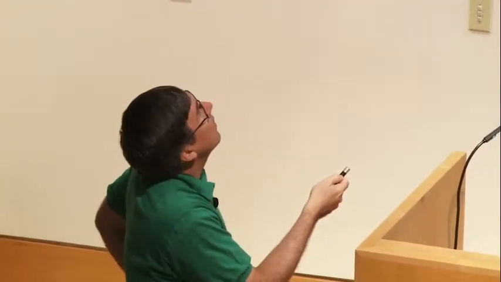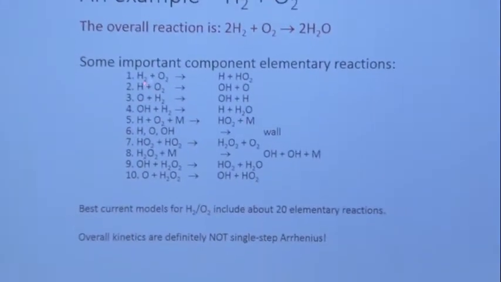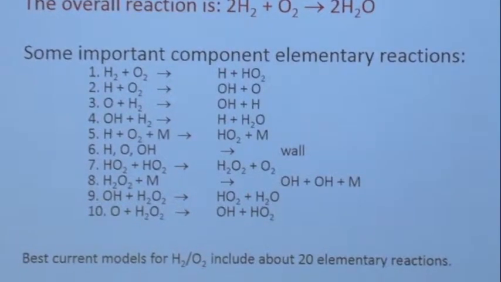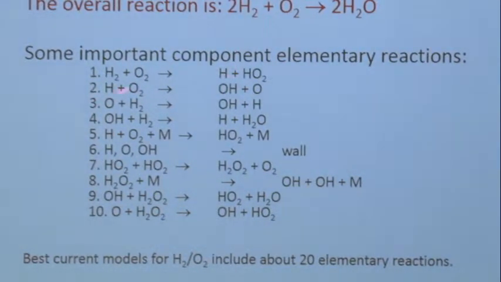The hydrogen and the oxygen actually do react in the first step, and they make H atoms and HO2 radicals. But this is a very slow reaction, and it's not going to consume very much of the hydrogen and oxygen. What happens is once you've made the H atoms, they react with the oxygen very fast, and sometimes they make OH and O. The OH reacts back with the hydrogen even faster, and then you finally make the water, and it makes another H atom.